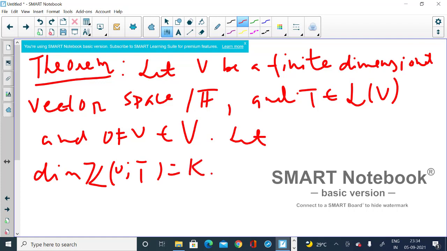That means the T-cyclic subspace generated by v is k dimensional. So k is less than or equal to n, since I'm also assuming the dimension of V is n.